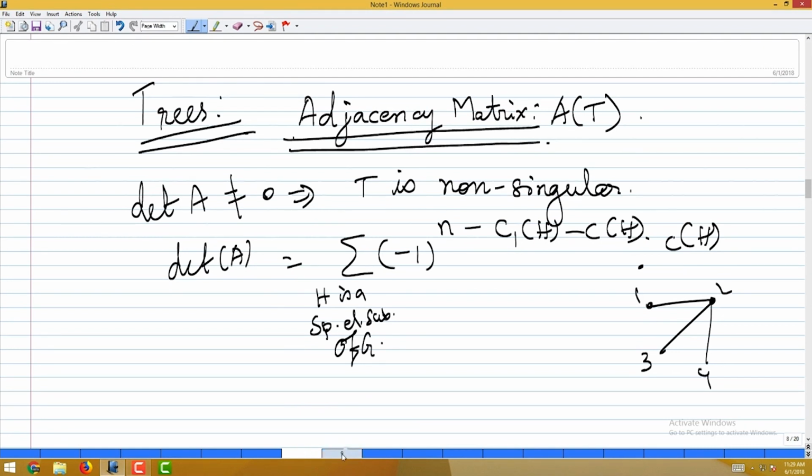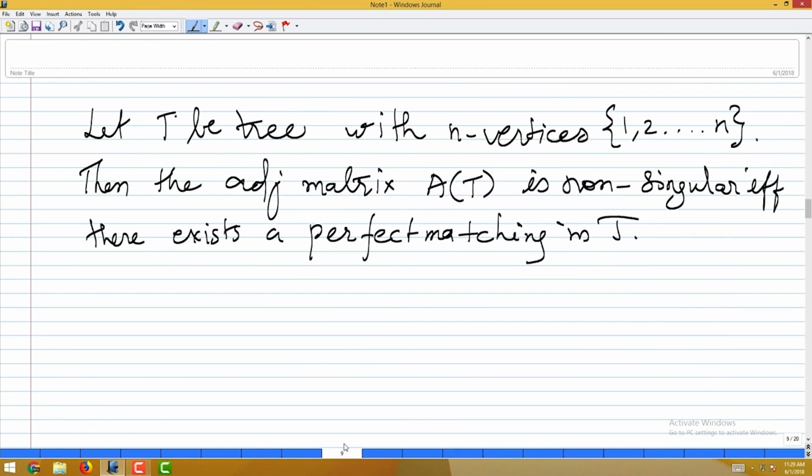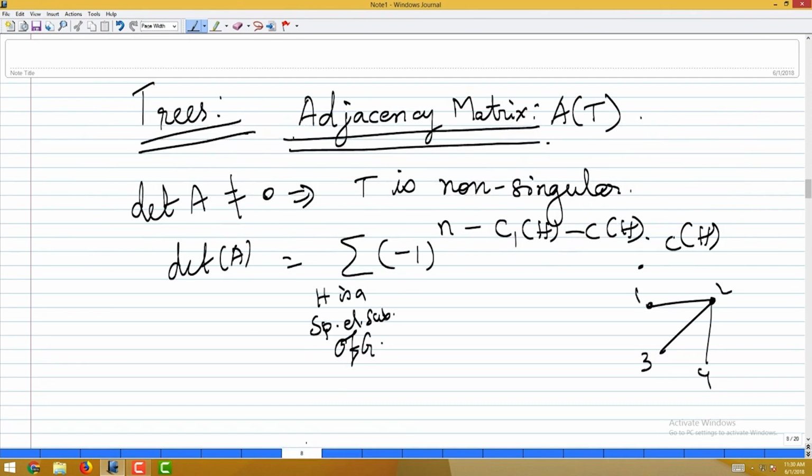What about the other way around? If my tree has a perfect matching, then how do I show that the determinant is non-zero, or that the tree is non-singular? Again we will go back to this only.